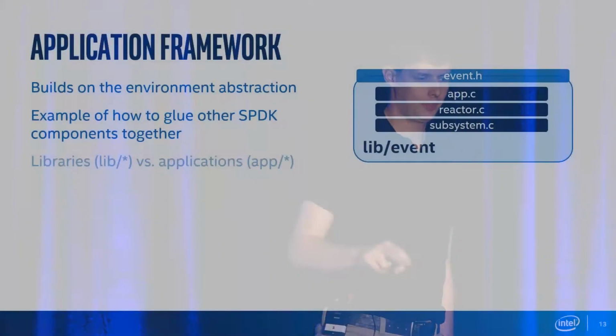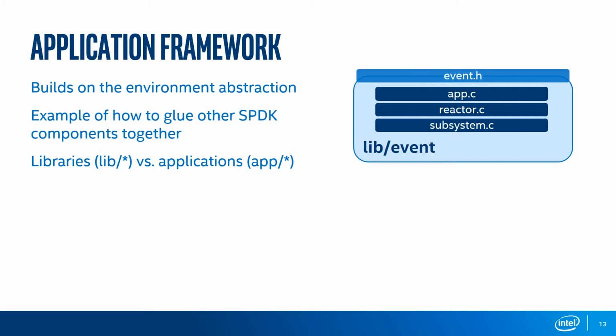So there's really two kinds of things in SPDK. The libraries, which is the main sort of deliverable, right? We want to have reusable components that are usable separately and not depending on each other necessarily. And then we have applications that are examples of how to put those together.